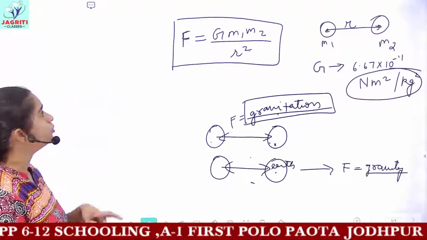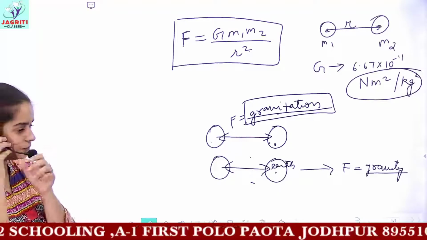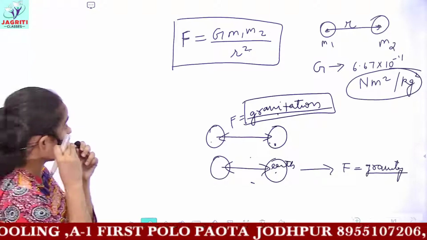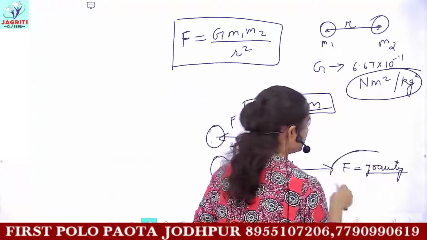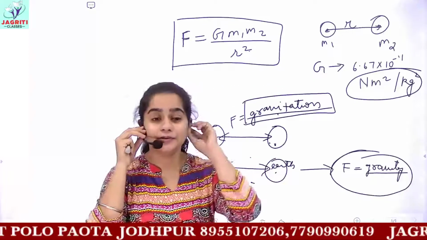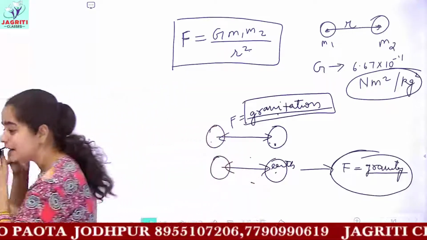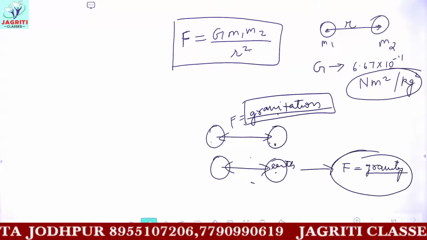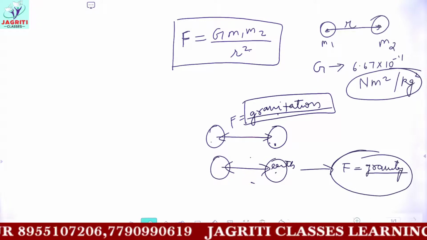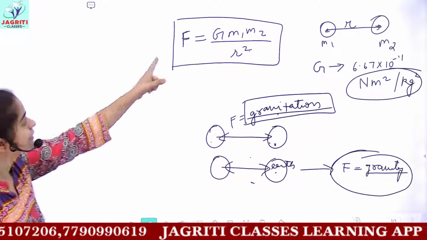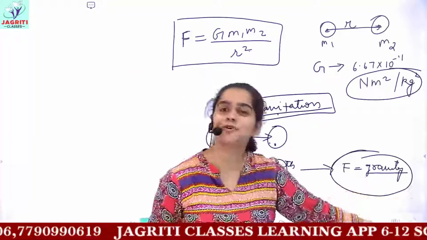Before moving on to the applications of this law, you have to find the force of gravity. Force of gravity means, if one of the objects is earth, then the force is known as the force of gravity.